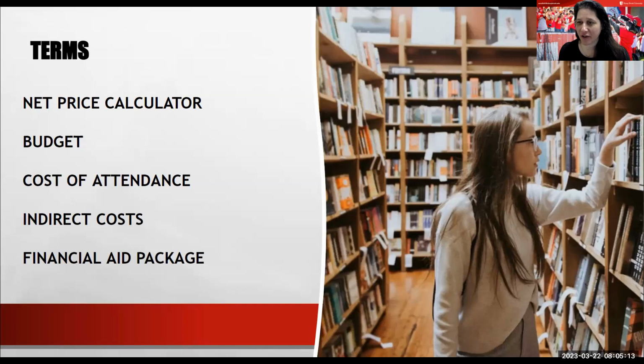The net price calculator in the United States, every institution that offers federal aid, which we'll talk about in just a moment, is required to have a net price calculator on their website, from their financial aid website. And this actually can also be used by international students.